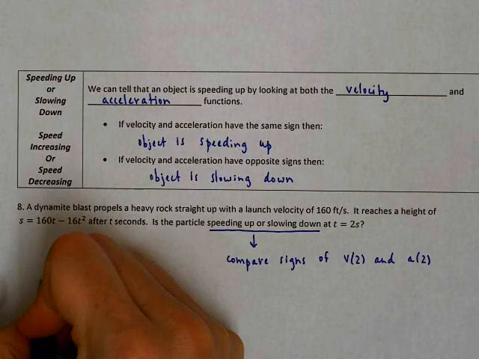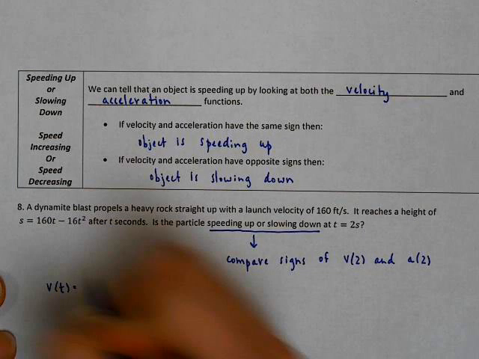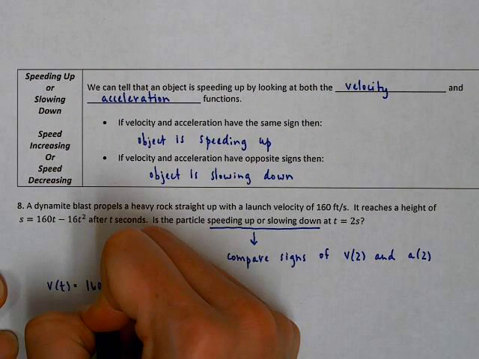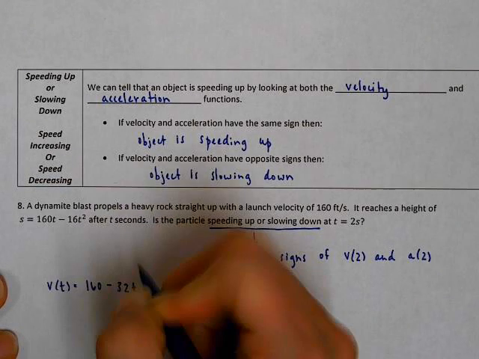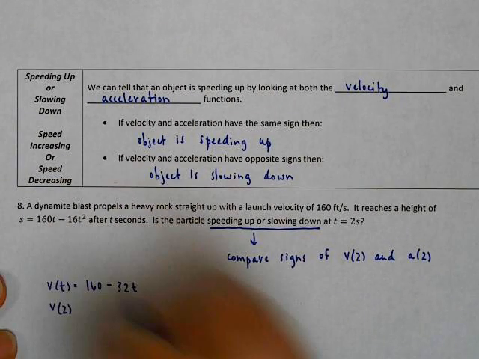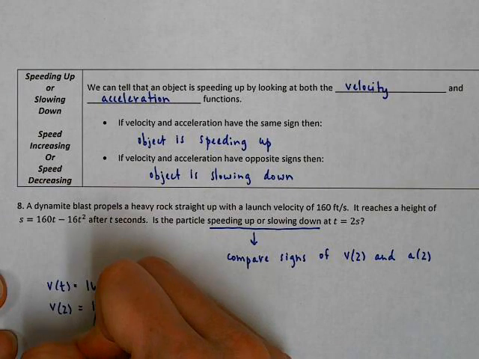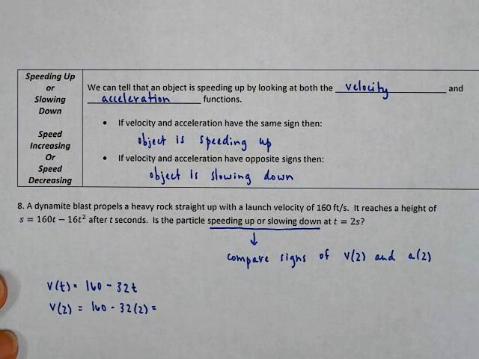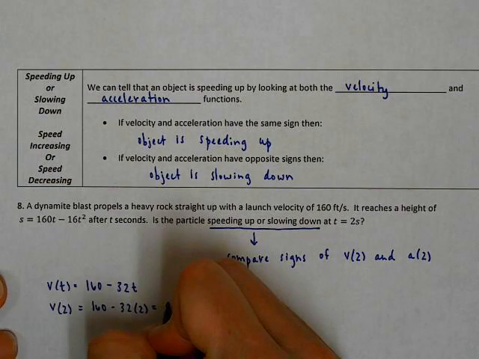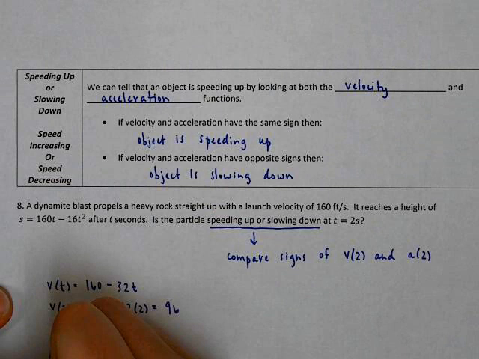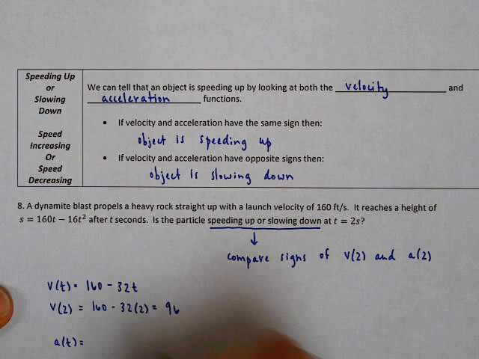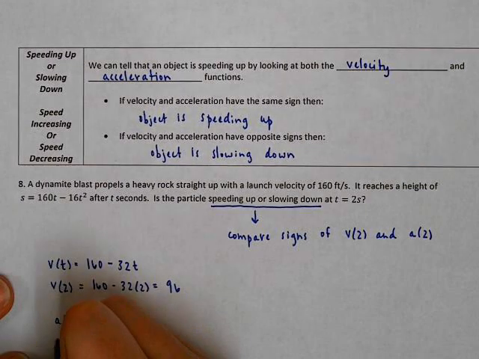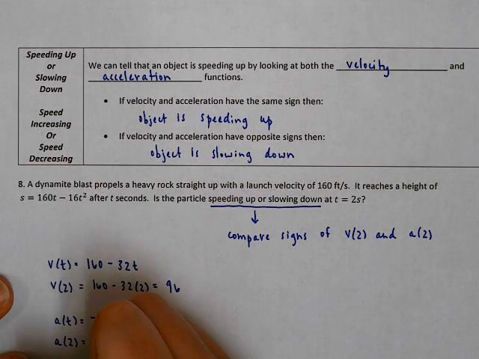So for velocity, I know we've done this before, but it's an easy function to work with, so I'm just going to do this again, is 160 minus 32t. So my velocity at 2 is 160 minus 32 times 2, which is going to give me 96. Now my acceleration is just a negative 32. So acceleration at time 2 is negative 32.